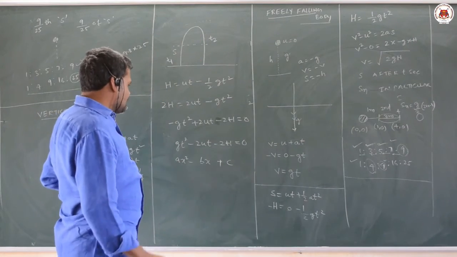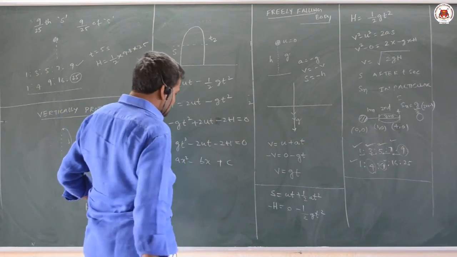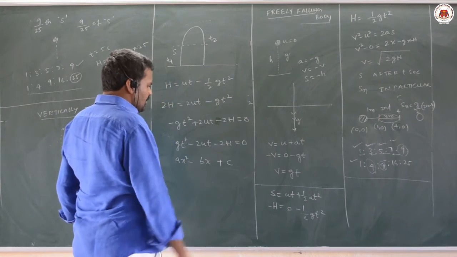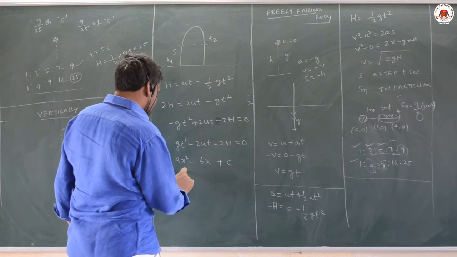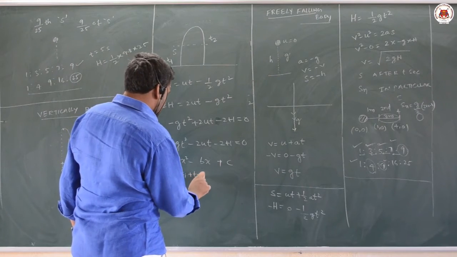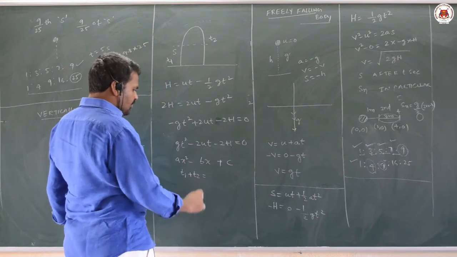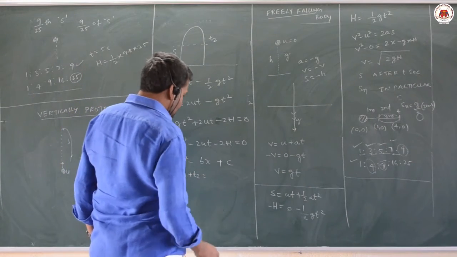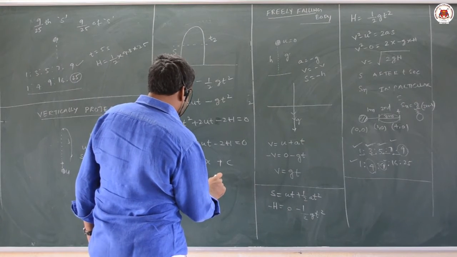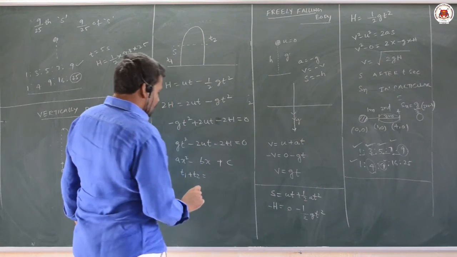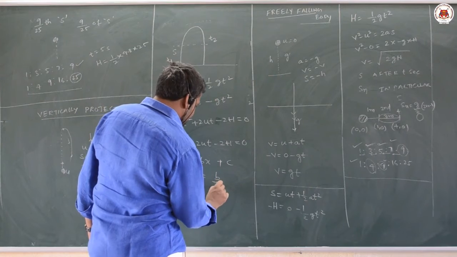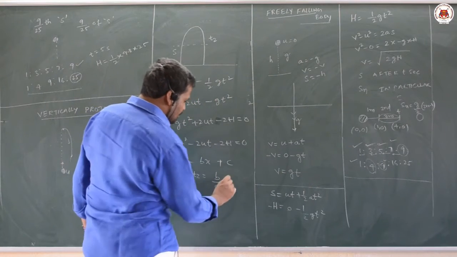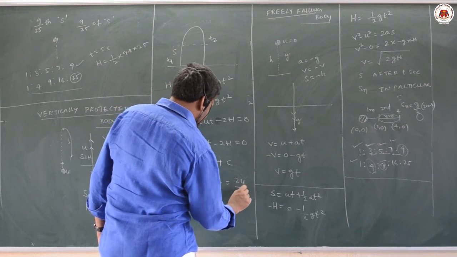So let us take one time as t1, another time as t2, then we can find the sum of the roots. Taking one time as t1 and another as t2, alpha plus beta, there is one formula in mathematics: the sum of roots is minus b by a. So t1 plus t2 is equal to 2u by g.